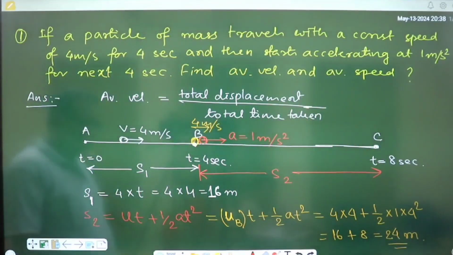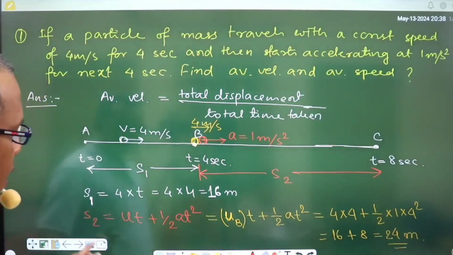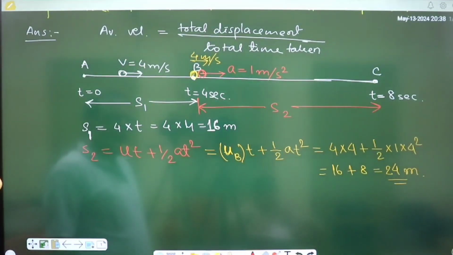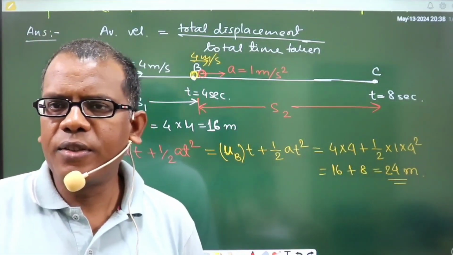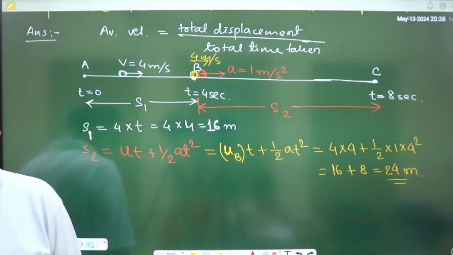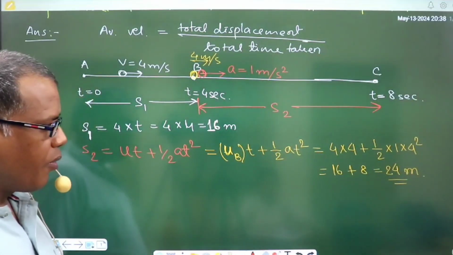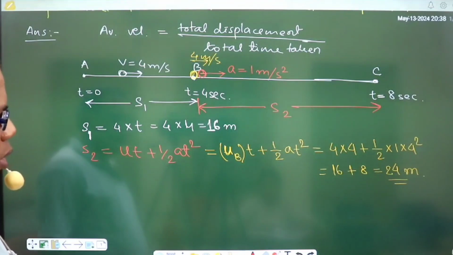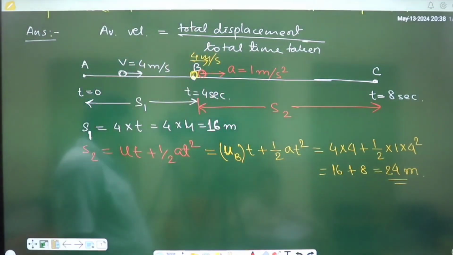The particle is traveling 16 meter under constant velocity in the first 4 seconds, and then from t equal to 4 seconds to t equal to 8 seconds the starting velocity is the velocity at B, which was 4, and after that velocity increases at every instant.